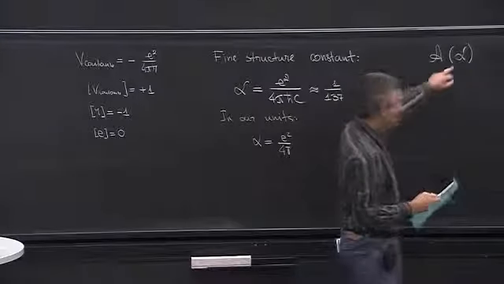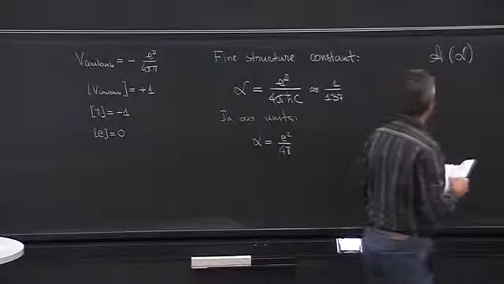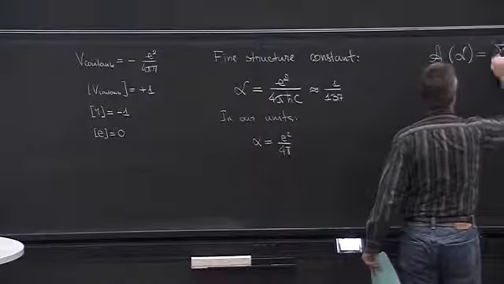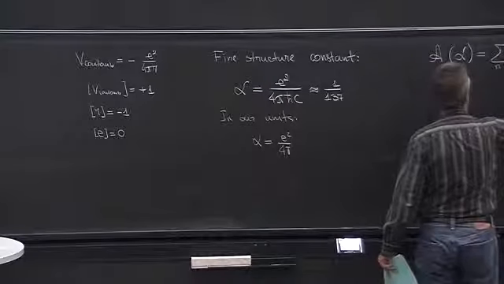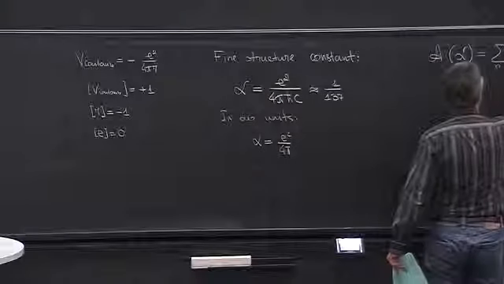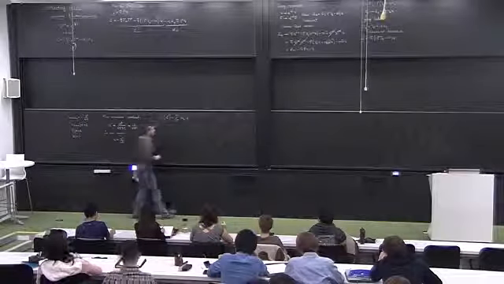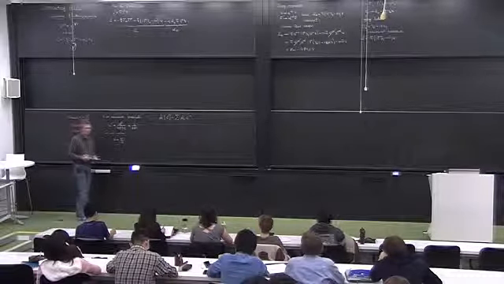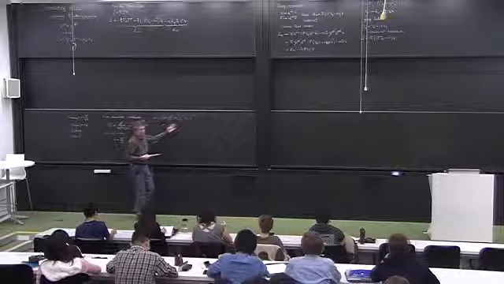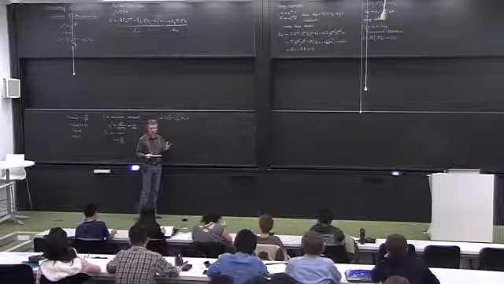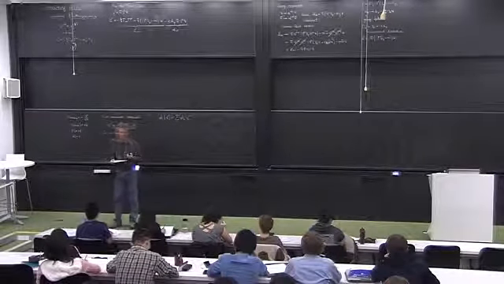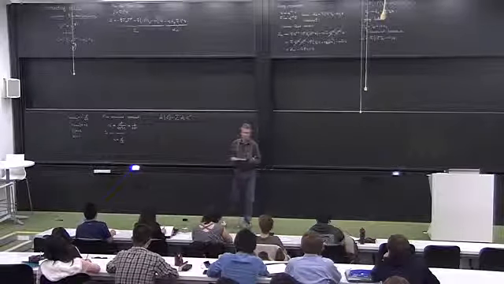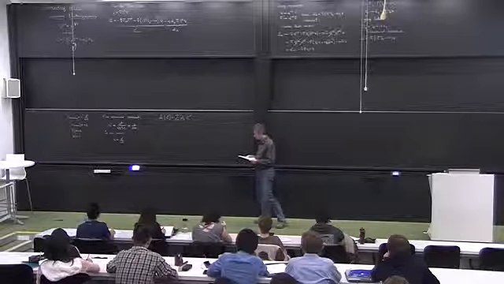So this will be a function of alpha. Since alpha is so small, it makes sense to expand this quantity in a power series. And then just from the numerics, you see that the first non-vanishing contribution will give us accuracy as good as 1%.